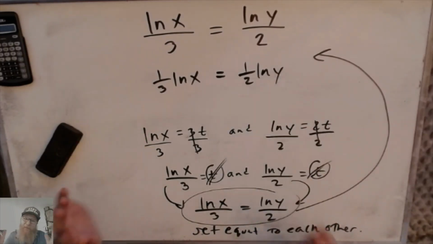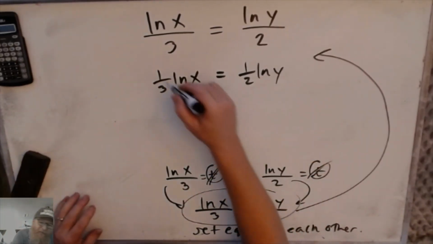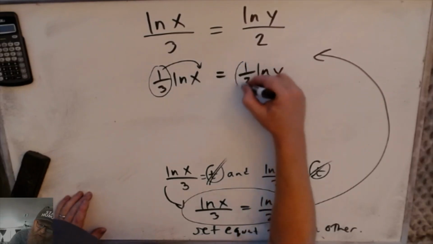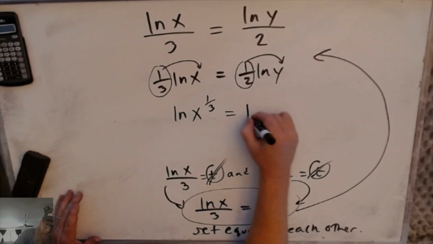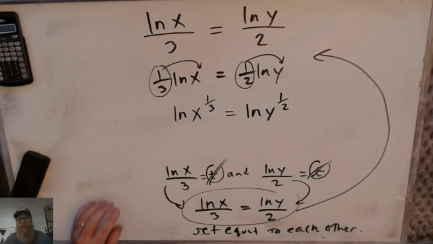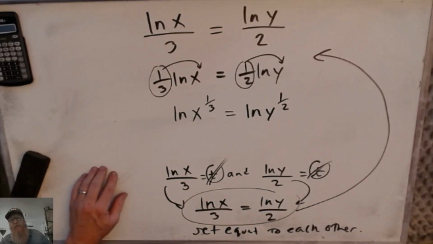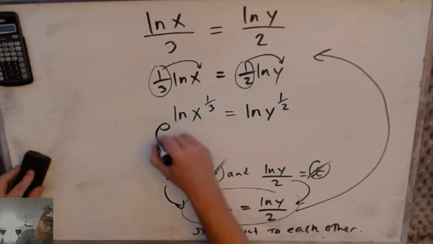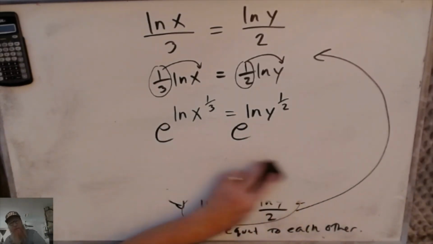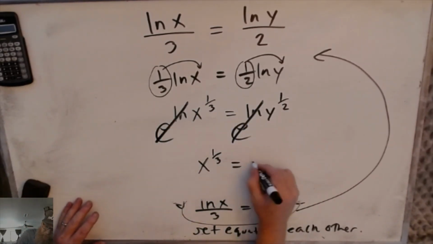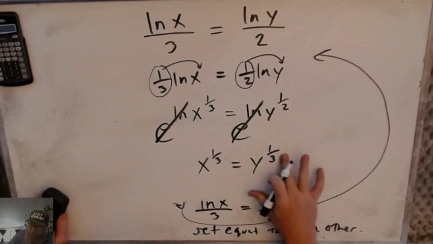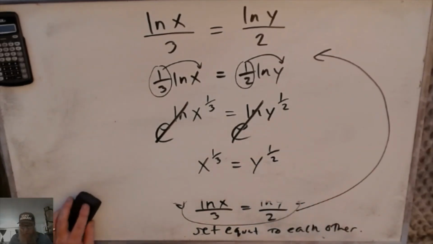But we studied natural logarithms quite extensively, so you know that the 1/3 and the 1/2 really just become exponents. And now you have exponential equations. Now you can take e of both sides, put the e back in, cancel the logarithm, and you get x to the 1/3 equals y to the 1/2.